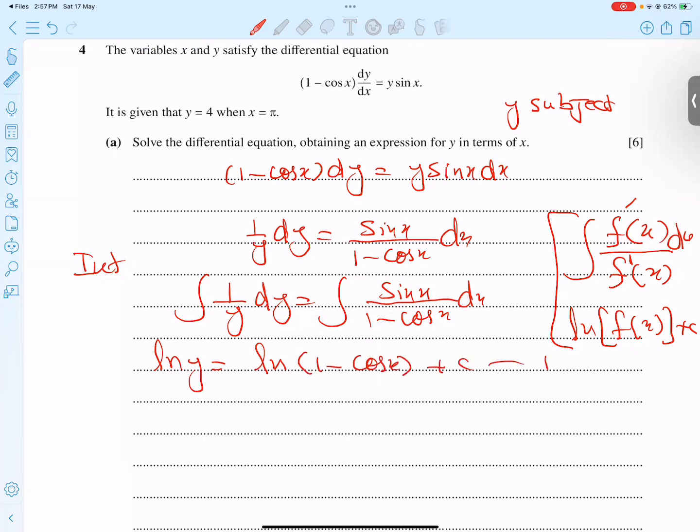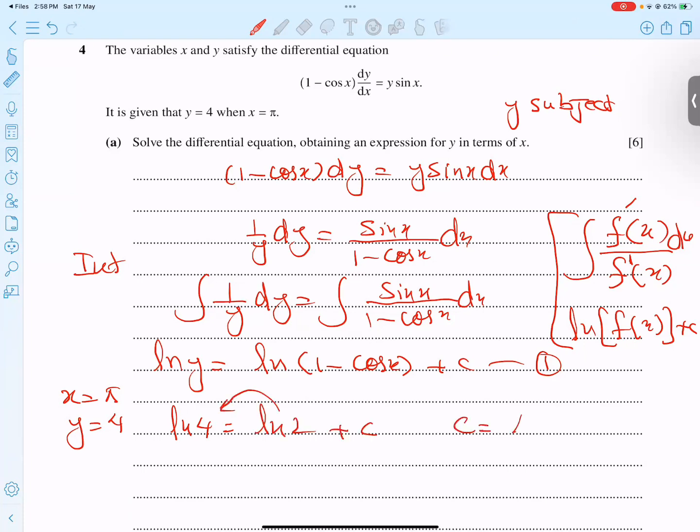And now I call this equation number 1. I use my initial values, which are x equals pi and y equals 4. So I get ln 4. And when I plug in pi here, cos pi is basically minus 1. So 1 minus minus 1, I got 2, log of 2. It goes there.